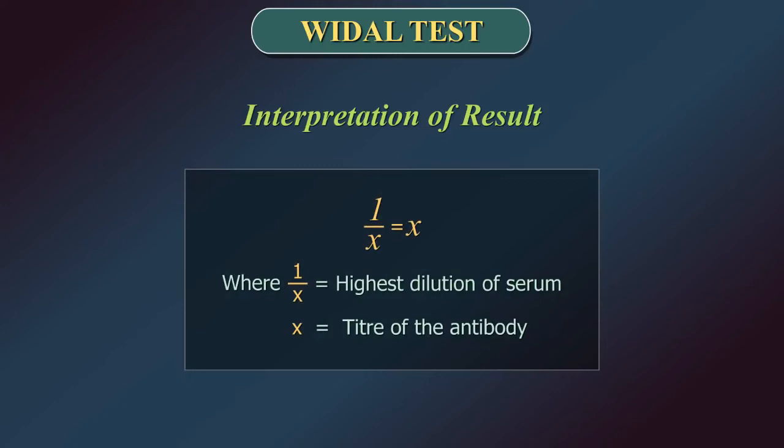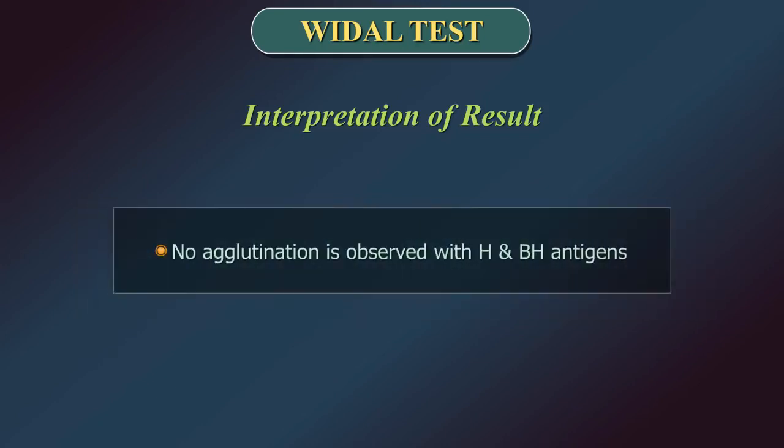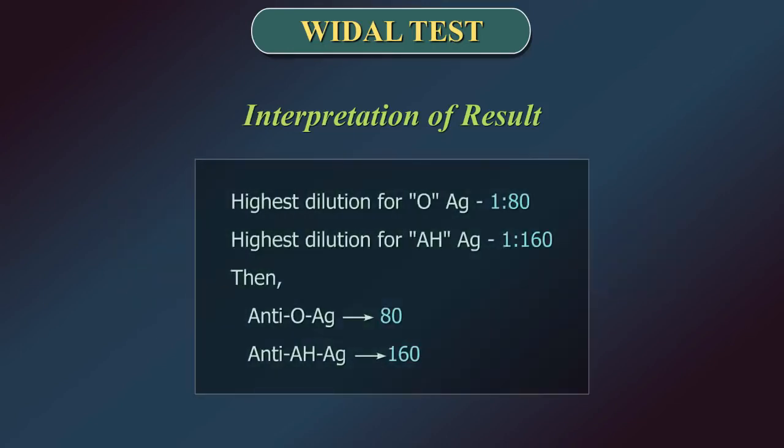If the highest dilution of serum is 1:X, then the titer of the antibody will be reported as X. In this test sample, the highest dilution at which agglutination is visible is 1:80 for O antigen and 1:160 for AH antigen. No agglutination is observed with H and BH antigens. Hence, the patient suffers from Salmonella paratyphi A infection with anti-O antibody titer of 80 and anti-AH antibody titer of 160.